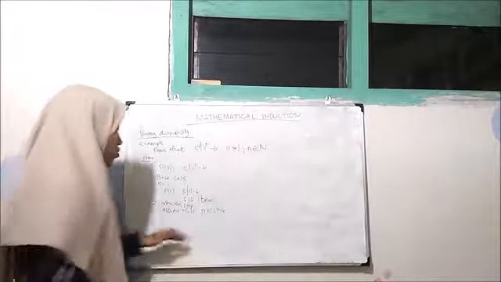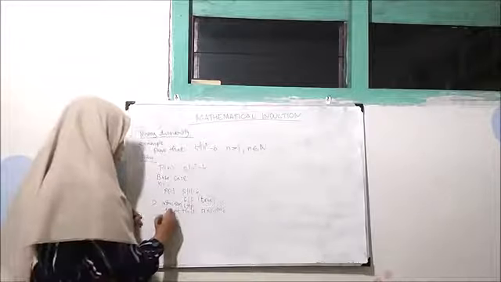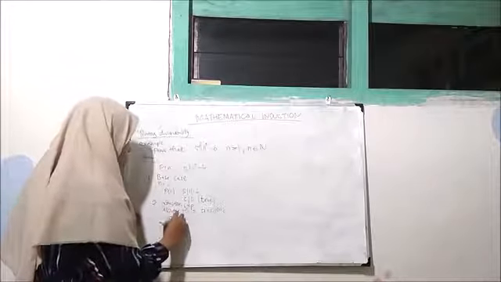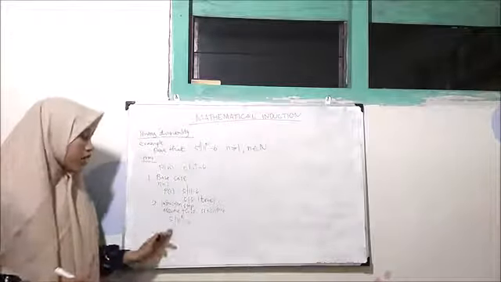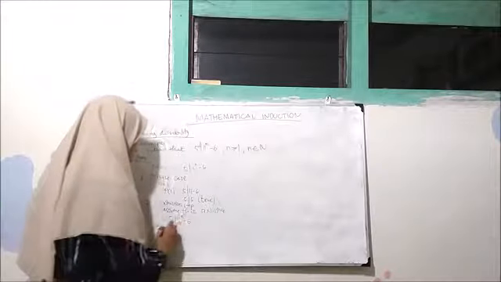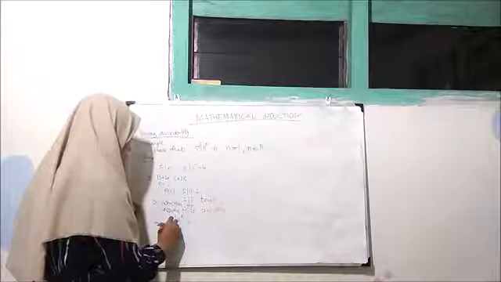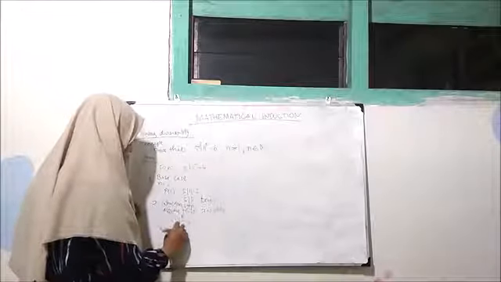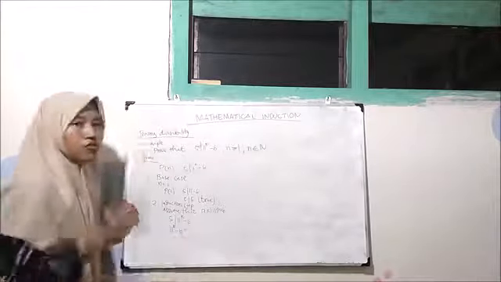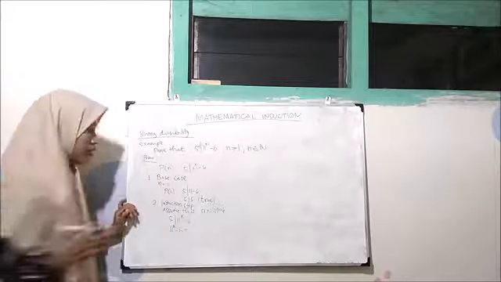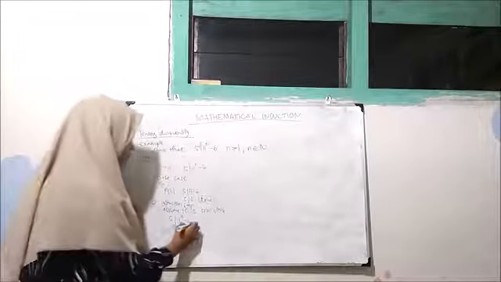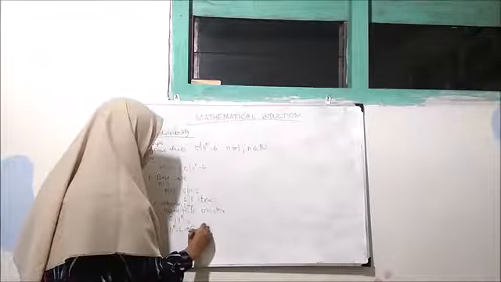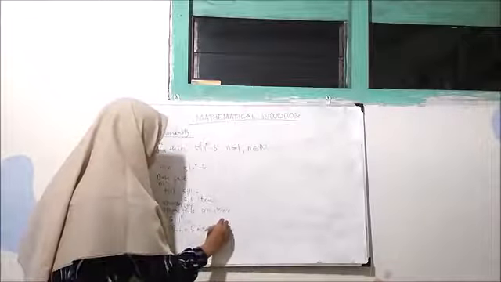Because Pk is true, it means that 5 divides 11 to the power of k minus 6. It means that 11 to the power of k minus 6 is equal to 5 times m, for m an element of the natural numbers.